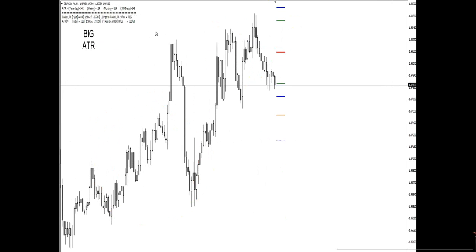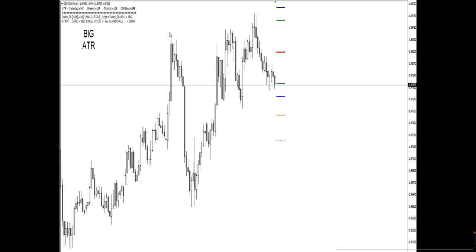And GBP New Zealand tends to be the biggest moving pair of all GBP crosses. So you can see that this ATR is really big, okay? 140 in August. And you can try to trade this pair because this pair is moving.